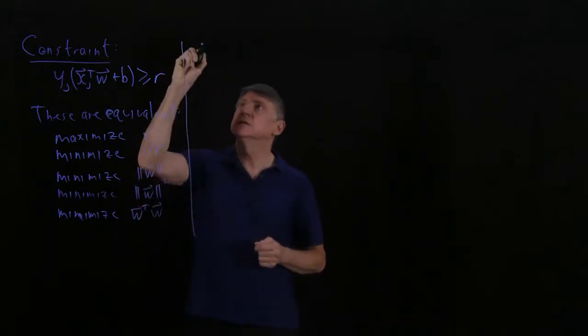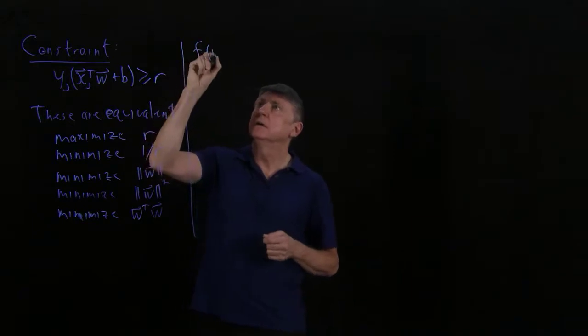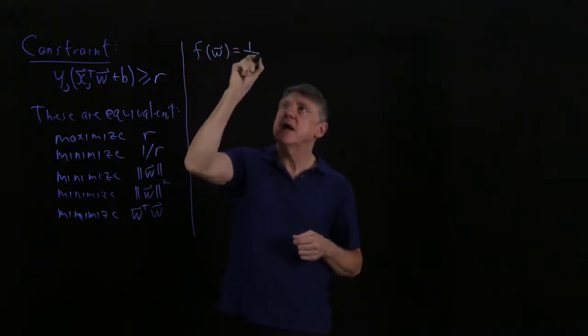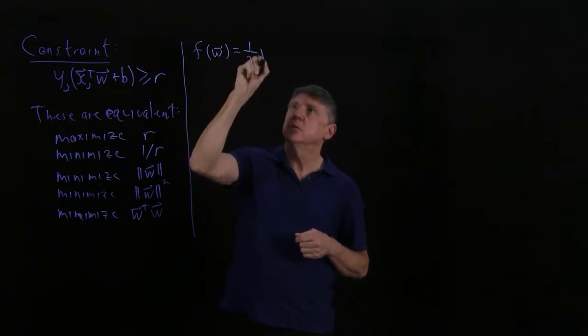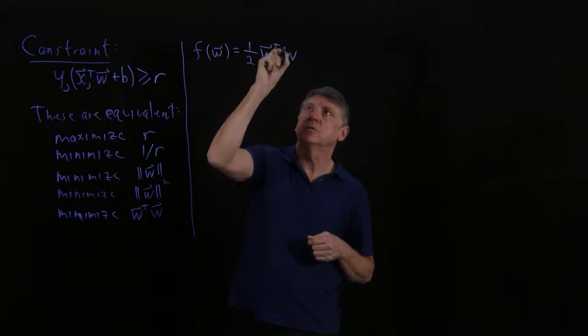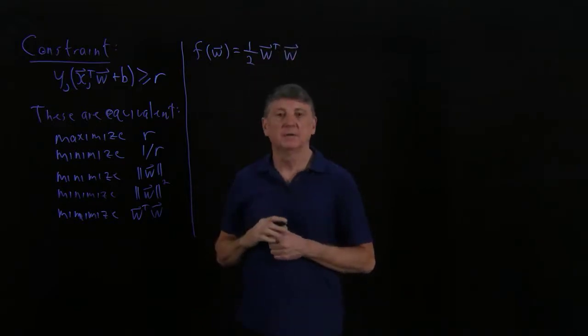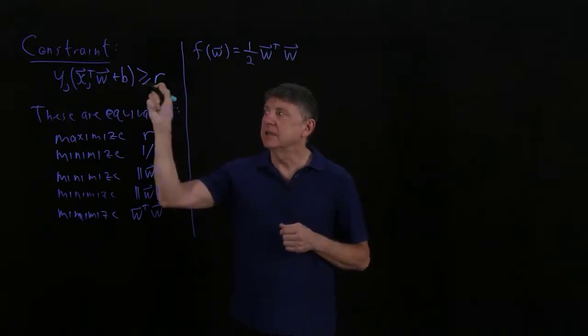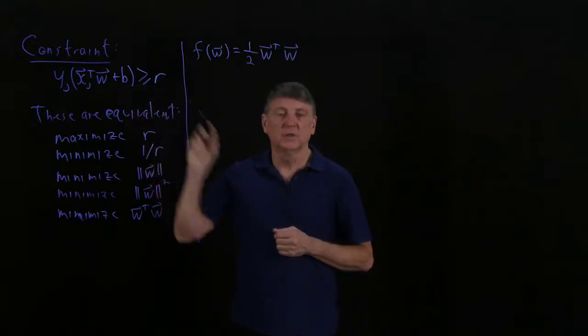The objective function is written anticipating differentiation. Our objective is to minimize a quadratic form of the weight vector, and the weight vector in this case is the unconstrained normal to the hyperplane.